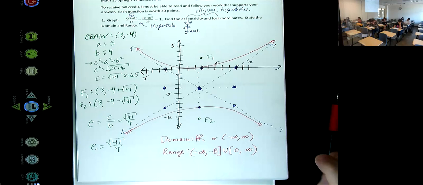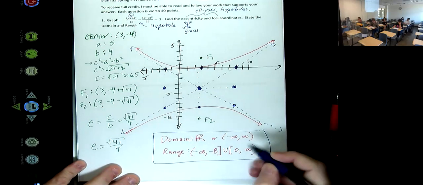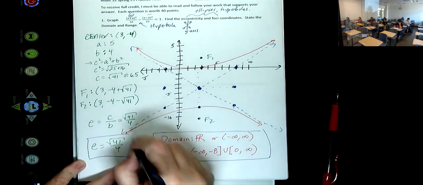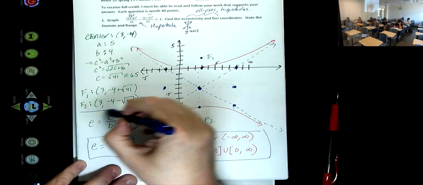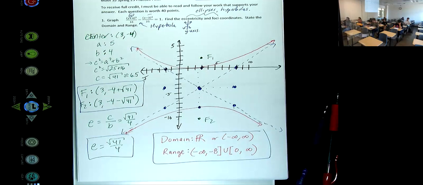All right, it asked me to do a bunch of things. I want to make sure Professor Jones sees the important stuff he asked for. I'm going to put a box around E, and a box around the foci, because that's what he asked for. The graph, if he misses the graph, you have an incompetent teacher as it is. But the easier you make my job, the happier I am when I'm grading exams, and the more lenient I am on stupid mistakes. So you want Jones being happy.